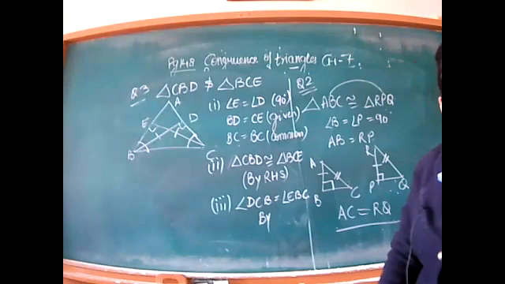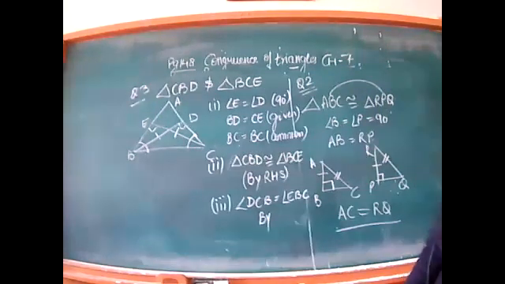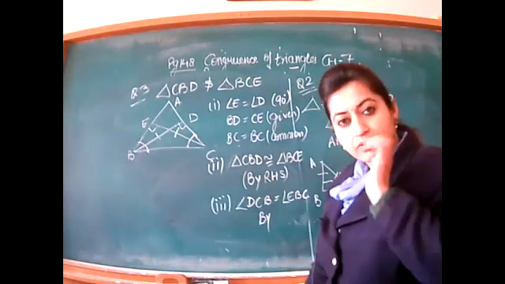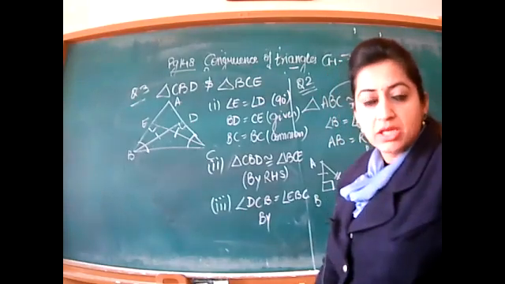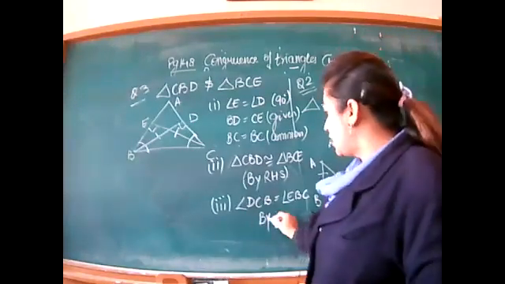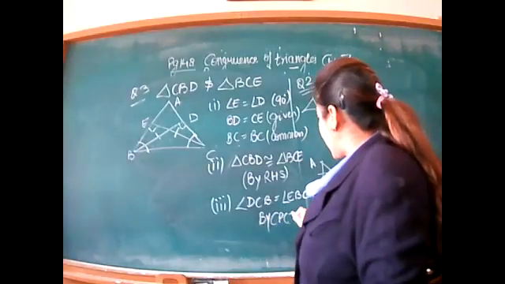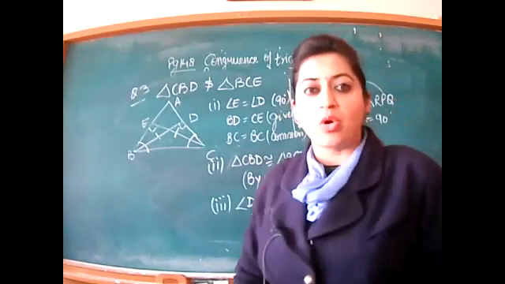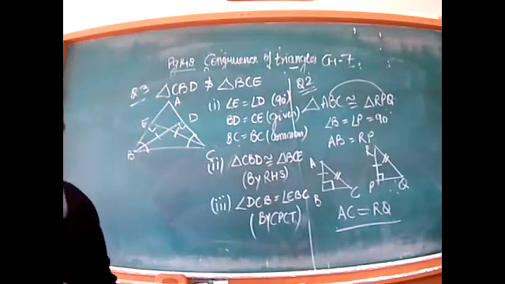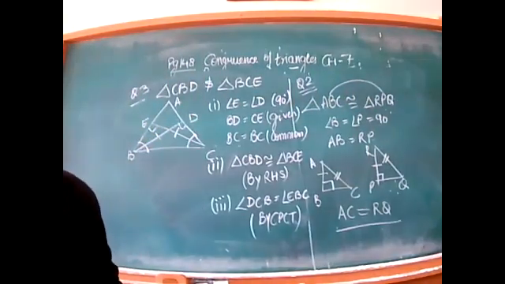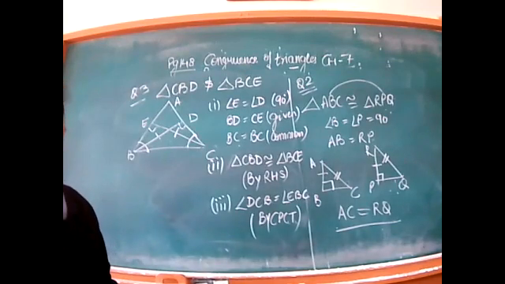Yes, by CPCT, corresponding parts of congruent triangles. Because the two triangles are congruent, all their corresponding sides and all their corresponding angles are equal. So that's why these two angles are equal by CPCT.